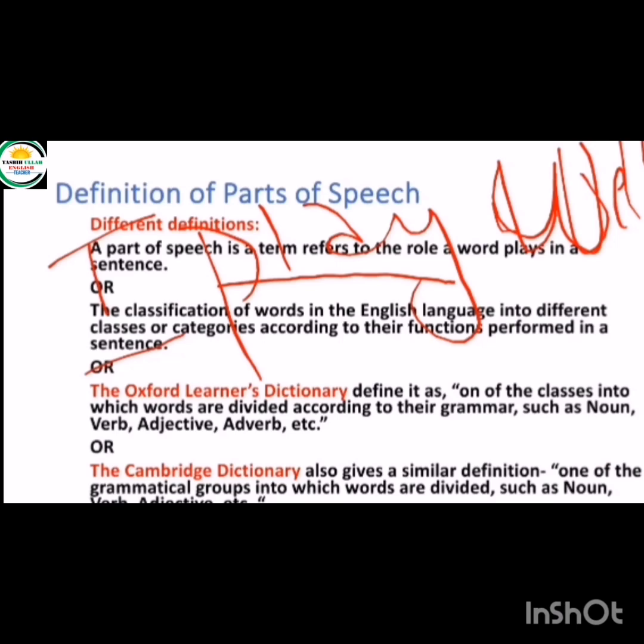The first word is I. It replaces a noun and we call it a pronoun. The second word is play. It shows some action, so it is an action word and we call it a verb. And the third word is well. It is an adverb because it modifies the meaning of the verb. So all these three words have distinct jobs to play within a sentence.